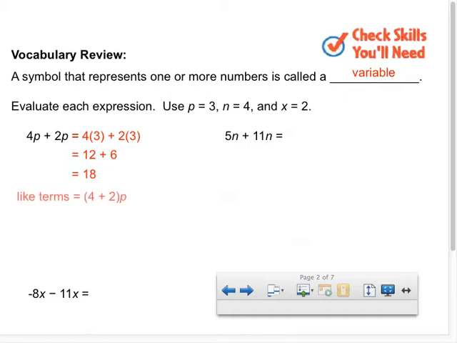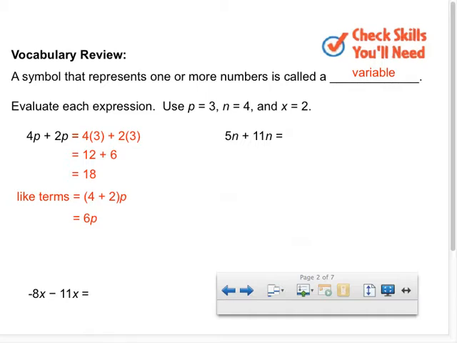So watch this. If I combine like terms, do you see what I did with the coefficients, the numbers in front of the variable? I can put them together. I can add them, subtract them. So I have a positive 4 and a positive 2. So 4 plus 2. And we're going to verify we get the same thing. So do you see how I got 6p from 4p plus 2p? Do you guys see that?